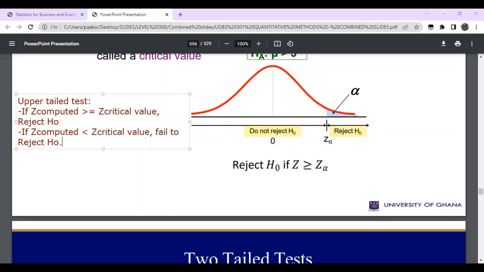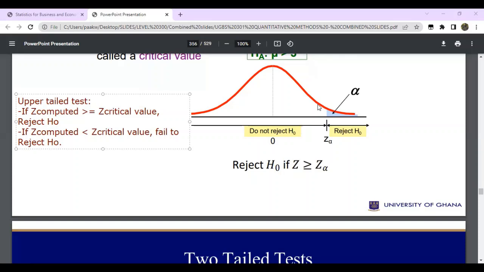This one is the opposite of our lower tail. And mind you, the shaded region for the upper tail will be at the right side of the distribution curve, and for the lower tail it will be at the left side. I hope we are okay with the rules.